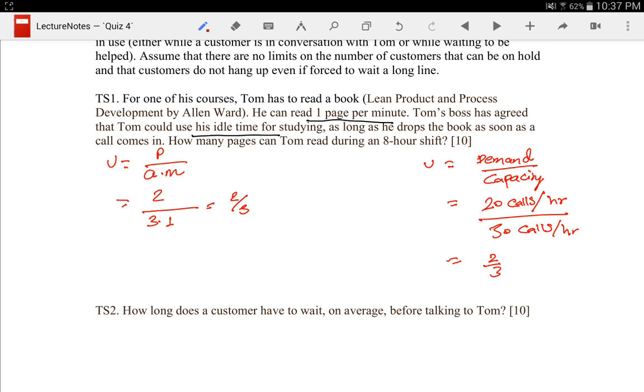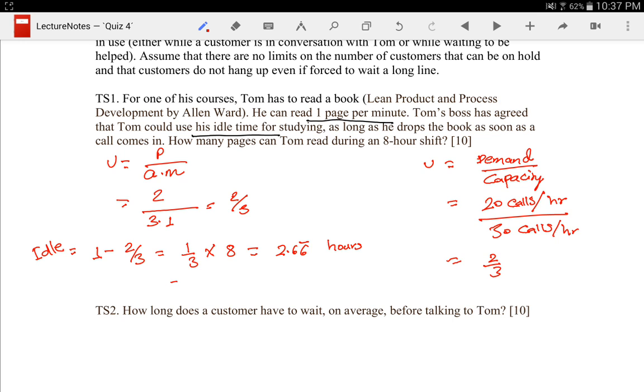Now we are really interested in the time he is idle. That means he is idle 1 minus 2/3, that is, 1/3 of the time, or 33%. So 1/3 of the 8 hours is equal to 2.66 hours.